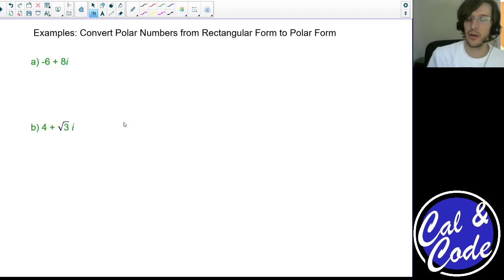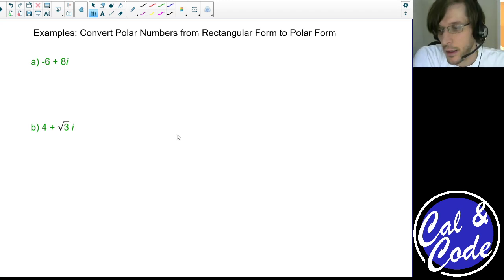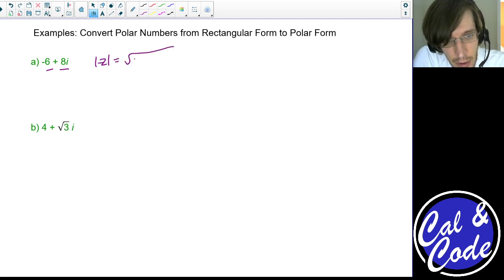So let's look at how we could do this in practice. Let's convert this one from rectangular to polar. First thing I need to do is find the modulus. The modulus of this number is the square root of 36 plus 64 when I square my a and my b.